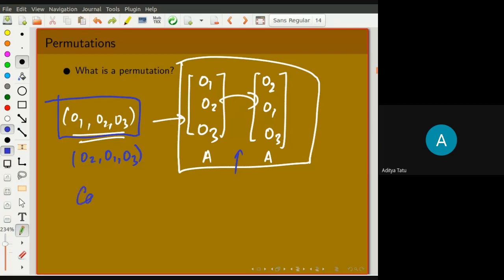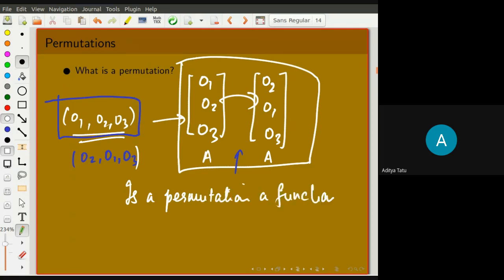So, I hope the color is visible. Question: is a permutation a function? No, sir. No? Why?